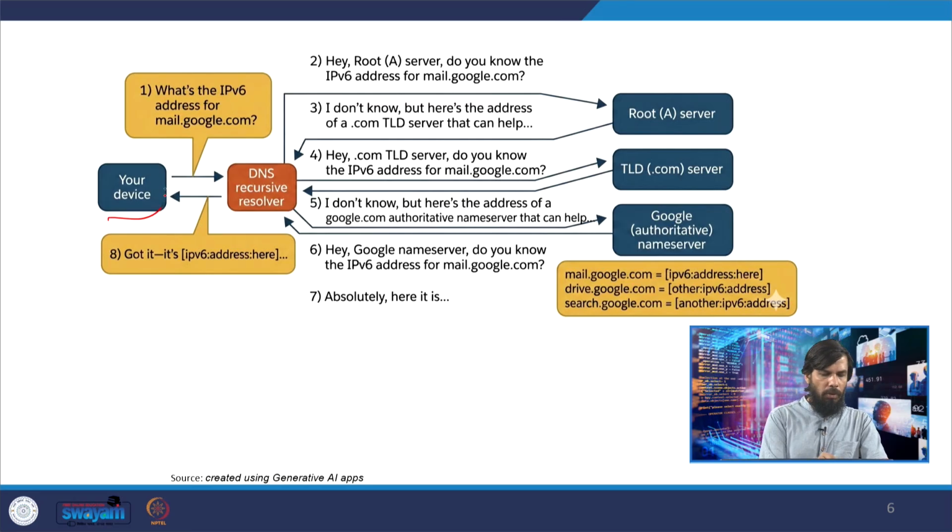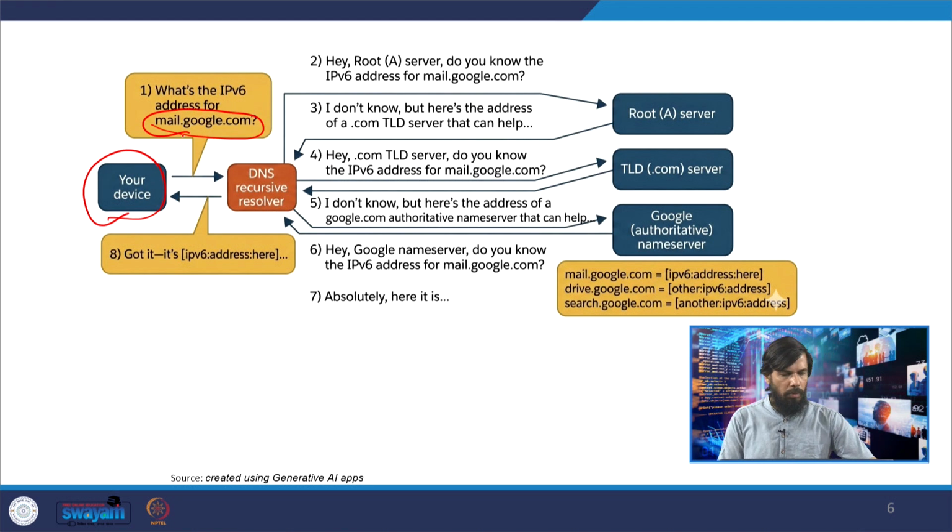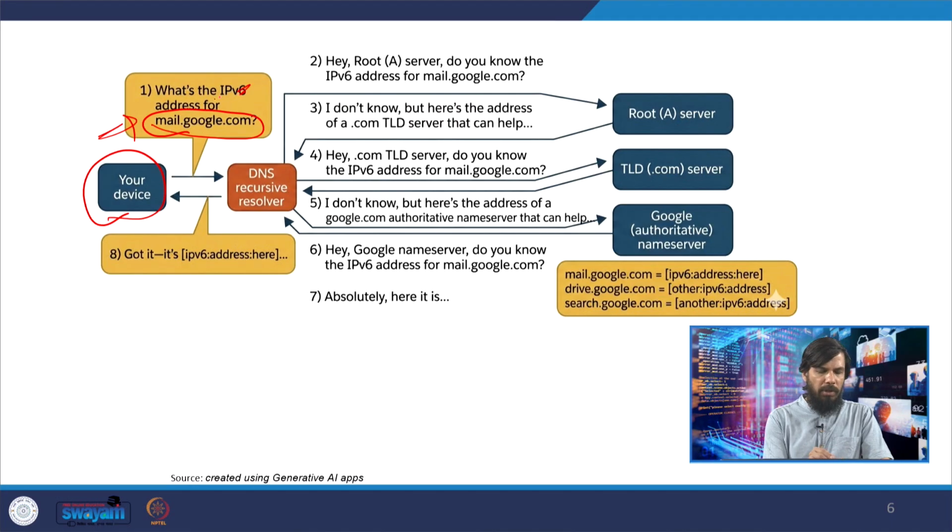Let us say this is your device, and you want to check your mails, and you have an account in Gmail. So, you will enter the URL of Gmail, which is mail.google.com, and now you want to access that. So, you are looking for an IPv6 address. Google is IPv6 compliant. So, you will look for the IPv6 address for this website mail.google.com.